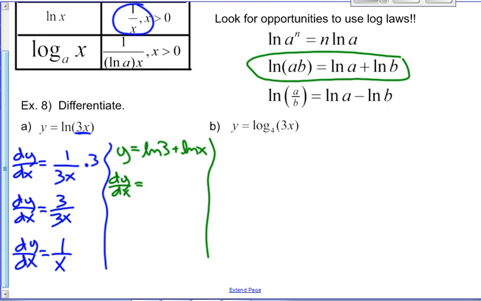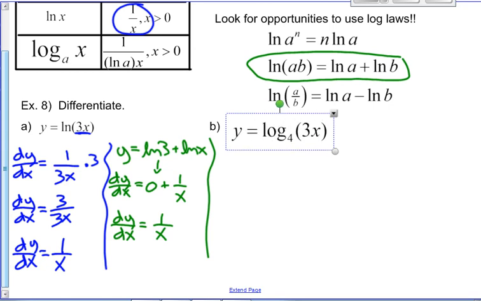Derivative of ln 3 is going to be 0. ln 3 is just a constant. Derivative of ln x apparently is 1 over x. So we get our answer of 1 over x that much faster. Okay? And I guess it's not super fast in this case, but the trickier they are, the more it will help you out to use those log laws.